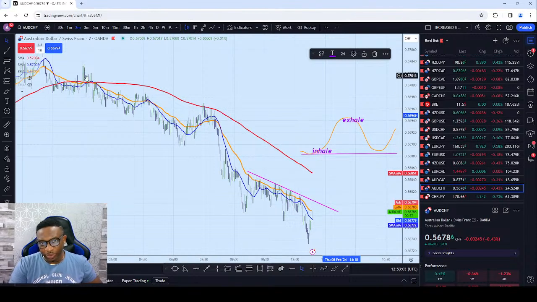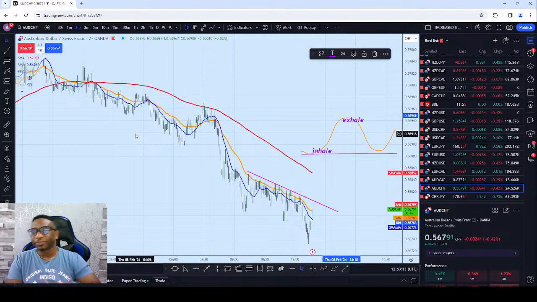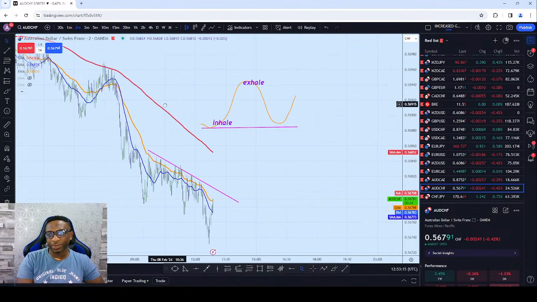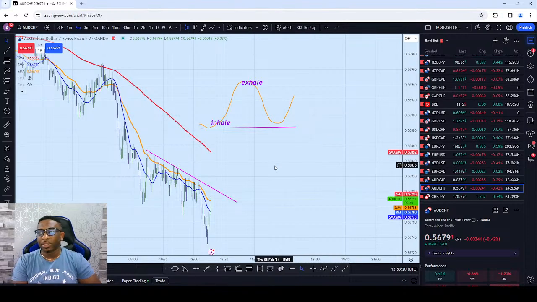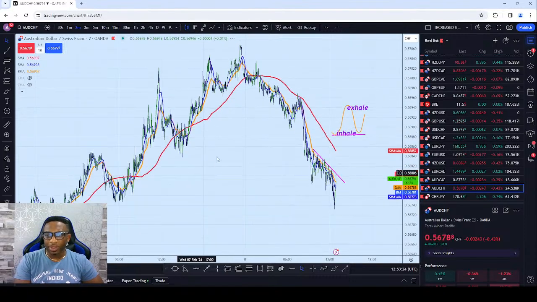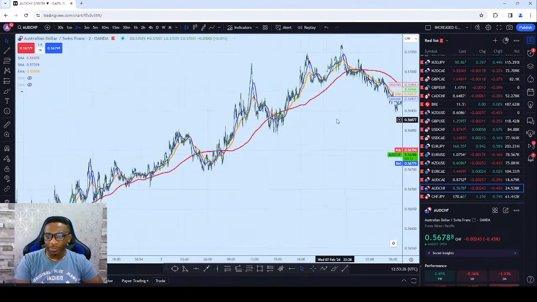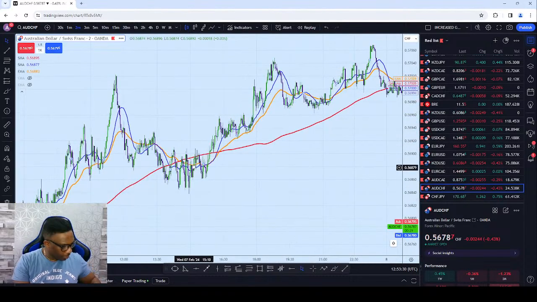So this is the inhale zone, and this is the exhale zone. Another inhale zone. On the downward trend, you can see it's slanting. It's not flat as I have drawn it. The same way, if it's an upward trend, you can find it climbing up. So let me find a good example here.